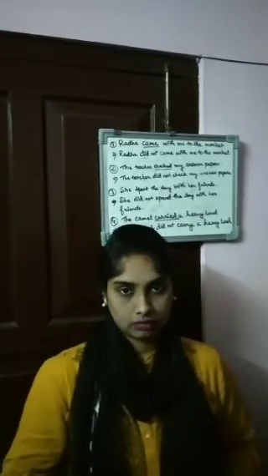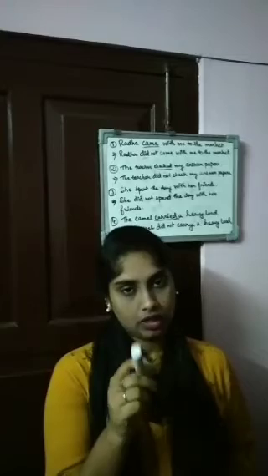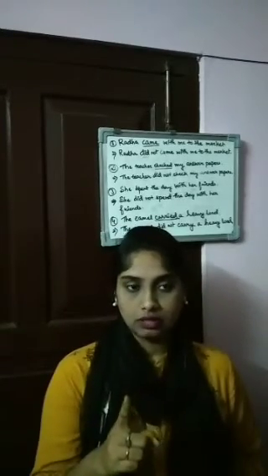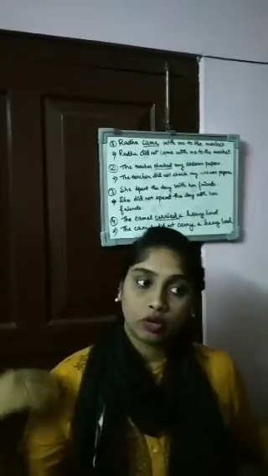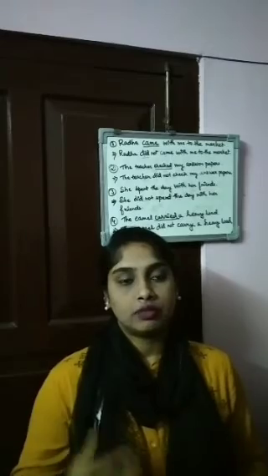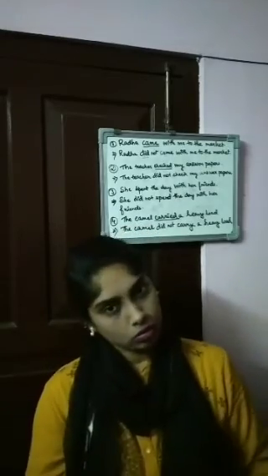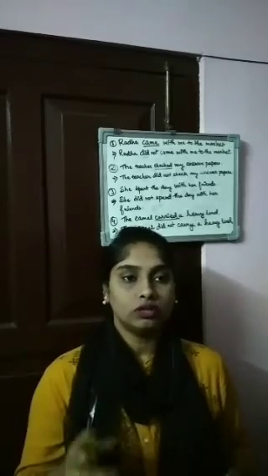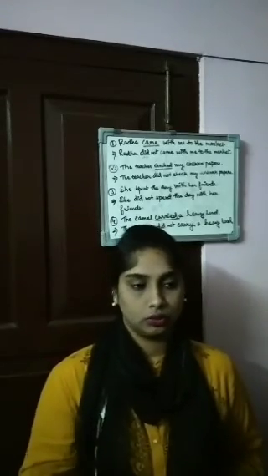You are the only person. I am only talking to you. If I am talking to you as only one person, then also I am saying you. If I am talking to the whole class right now, because you all can see me, then if I am saying to all of you, then also you. That means in case of plural for you, there is only the single word you.